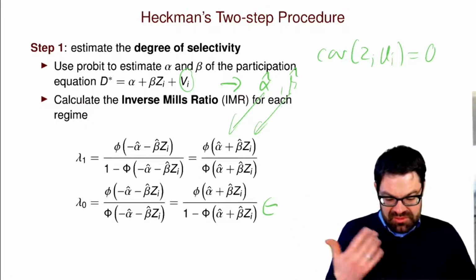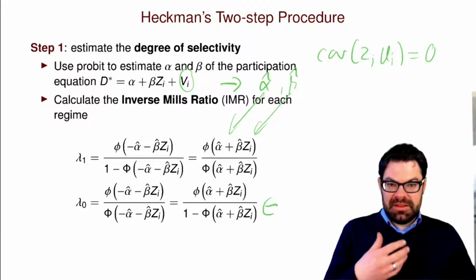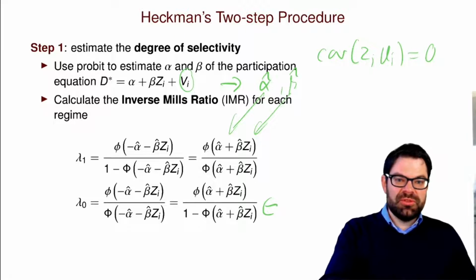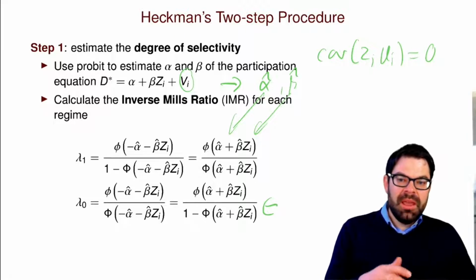We need to make the exclusion restriction that that instrument only affects the likelihood of getting treated, but not the outcome. Right?